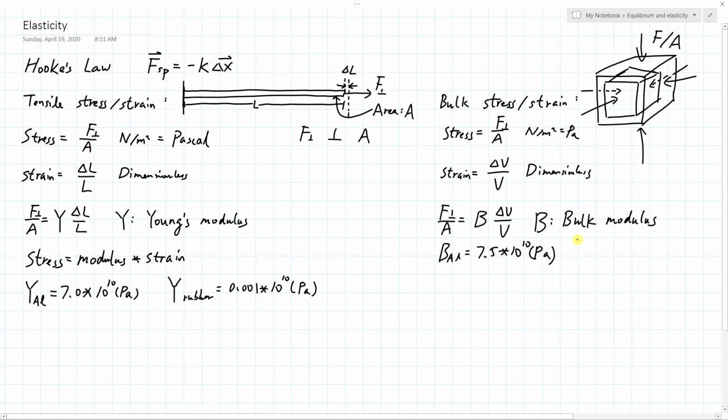And the bulk modulus of rubber has a value of 0.2 times 10 to the 10th power. So it's a bit difficult to actually compress the volume of rubber, although it's easy to stretch it, right?